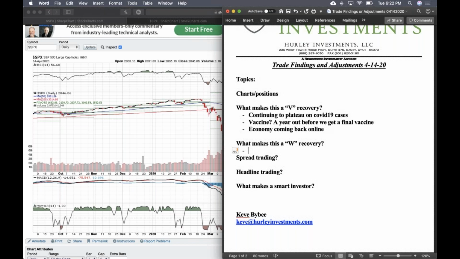But the market also is kind of expecting deaths to go up as they follow the cases. The cases ramped up and deaths have followed in a lagging manner.